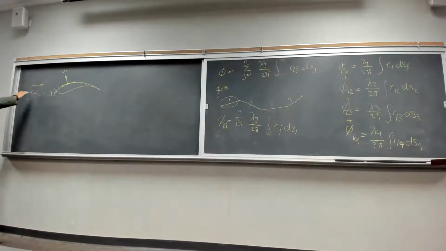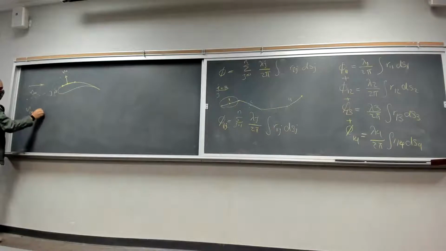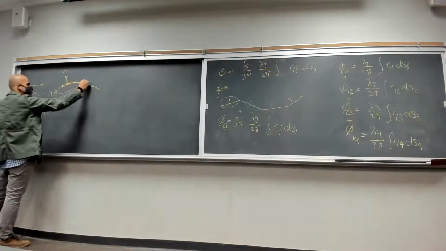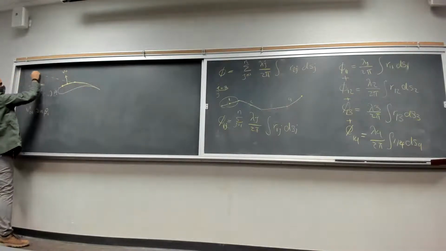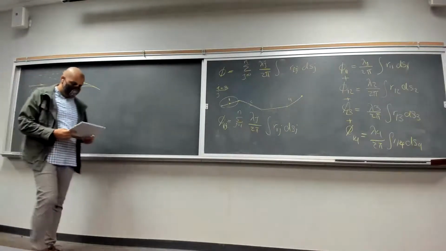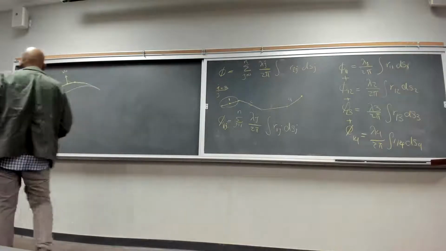So the normal component of free stream velocity is going to be V infinity sine of beta. This angle is also going to change for different panels. The angle this makes is going to be different than the angle this one makes with your free stream flow. Sorry, this is cosine of beta.